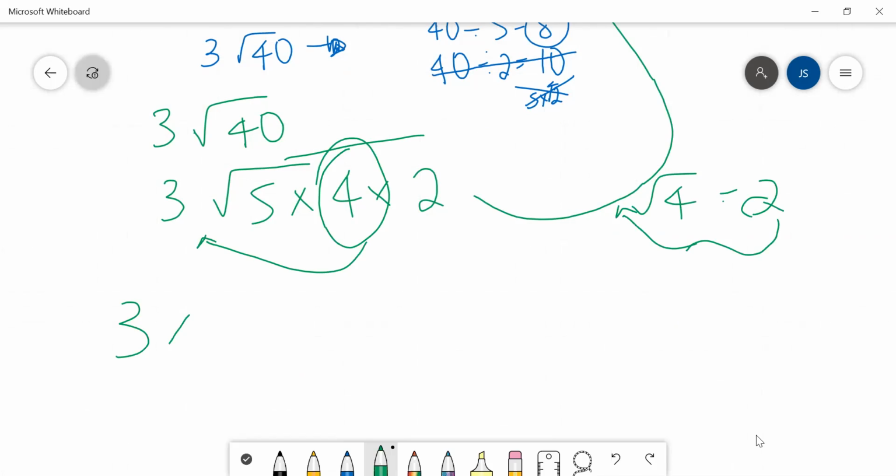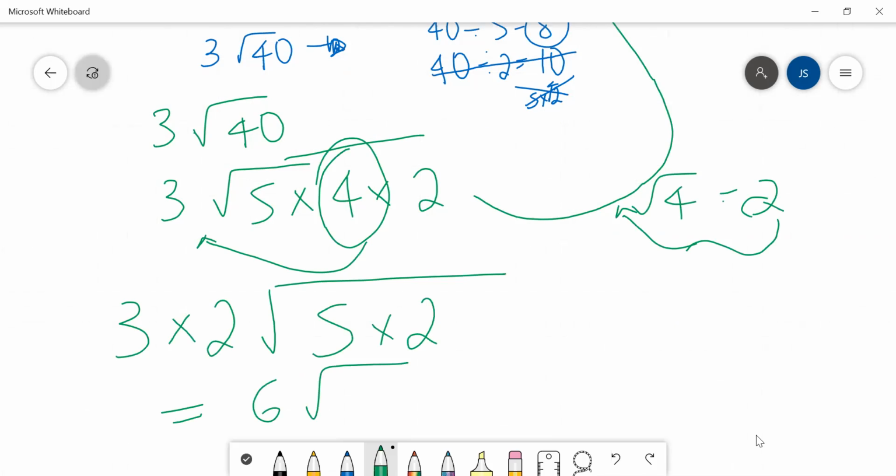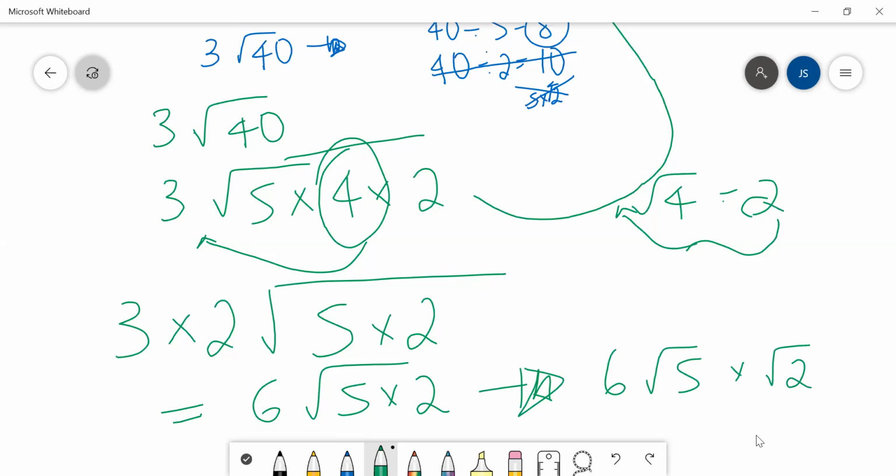There's a number already there, so you multiply the two together, and we've now got 3 lots of 2, which is 6. This simplifies to 6 square root of 5 times 2. We can split this up, so I've just split it up.